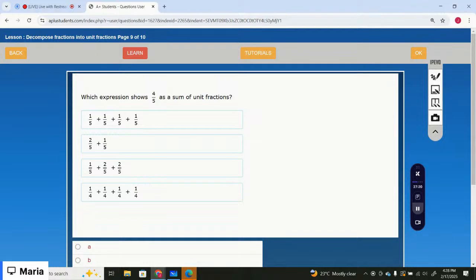Which expression shows 4 by 5 as a sum of unit fractions? So which is the correct option?